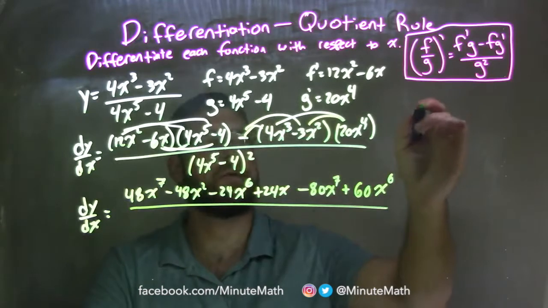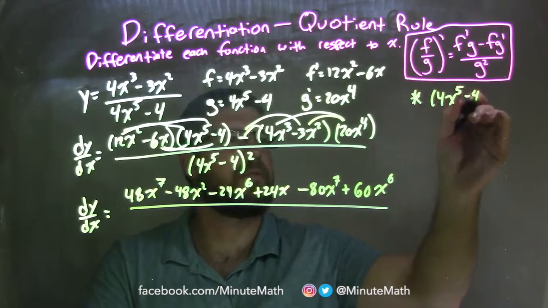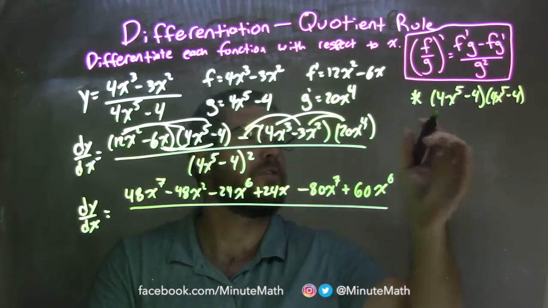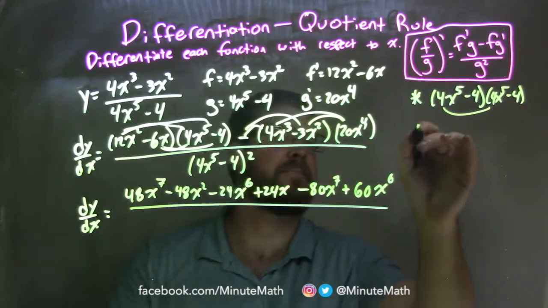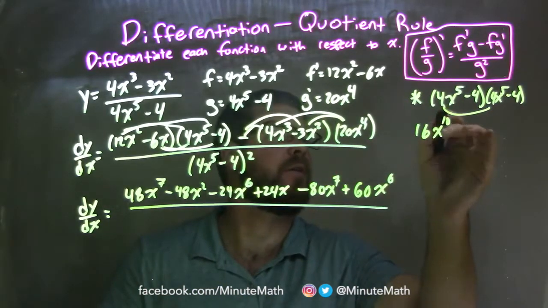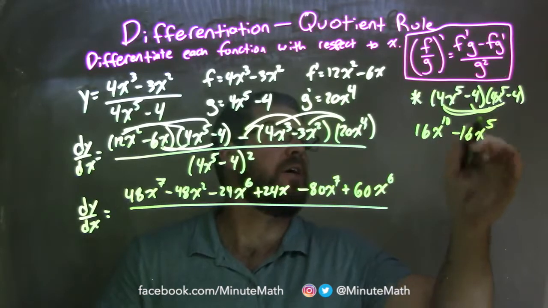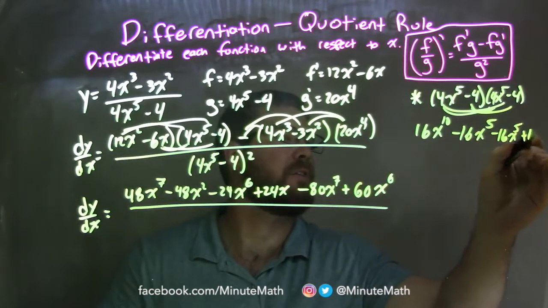All over, now my denominator, make a little note here, 4x to the 5th minus 4 times 4x to the 5th minus 4. Distribute that out. 4 times 4x to the 5th, 4 times 4 is 16, and then x to the 10th power. Multiply that, we have 16x to the 10th, negative 16x to the 5th, negative 16x to the 5th, and a positive 16.